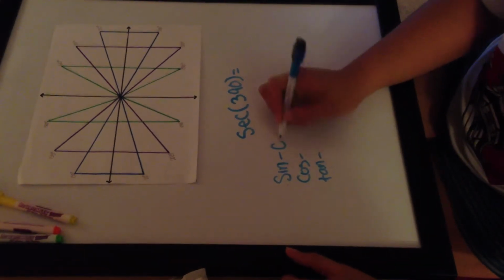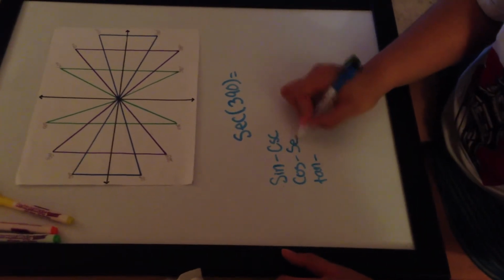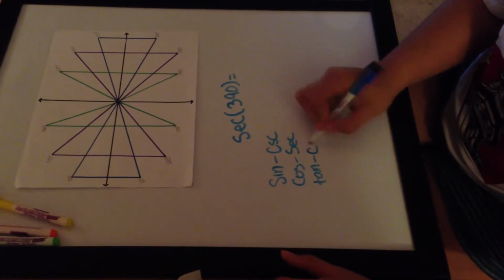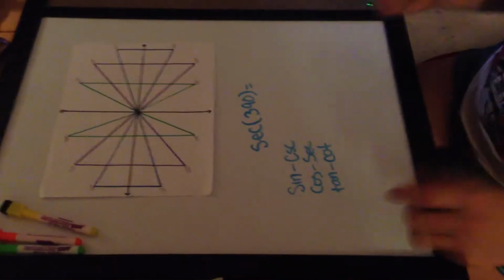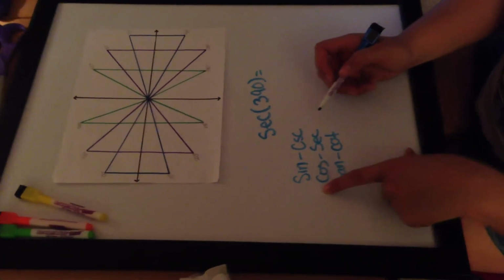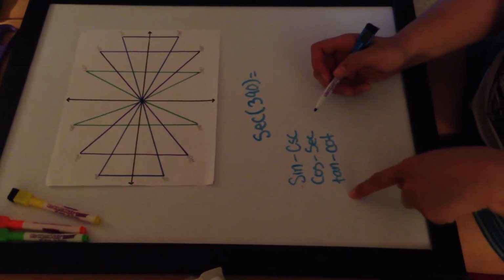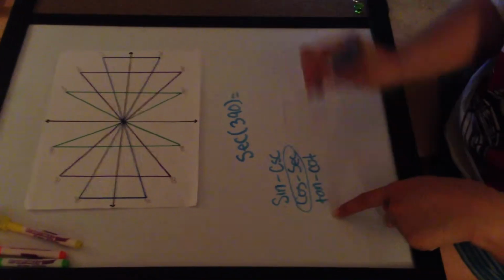For sine we have cosecant, for cosine we have secant, and for tangent we have cotangent. These are the reciprocals of our sine, cosine, and tangent ratios. So secant here would be the reciprocal of our cosine.